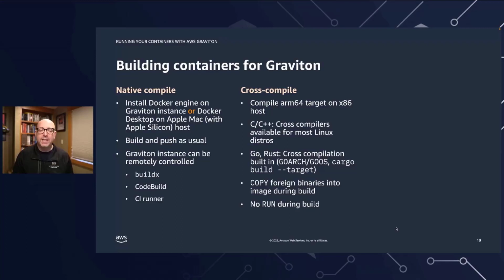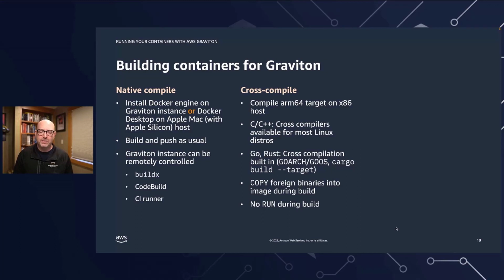Cross-compiling works at near native speed for compiling applications. Once you've cross-compiled those applications, you can build your Docker image by starting with an ARM64 compatible base image, even if you're doing it on an x86 instance. And then during the build process, you can copy those foreign binaries into the image.